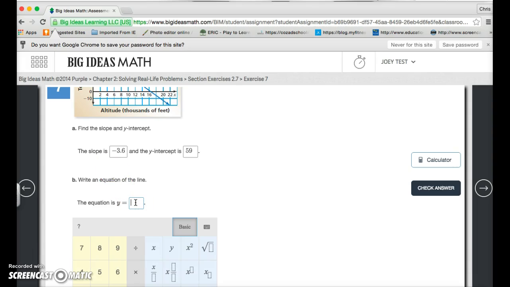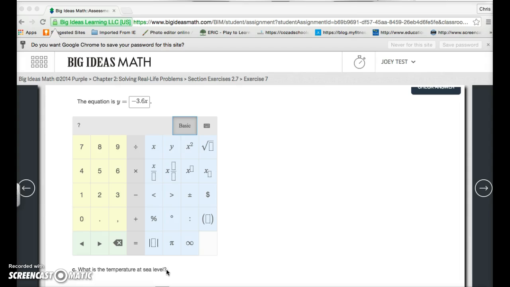If my slope is negative 3.6, I want to put y equals negative 3.6x, and then what? What do you think, Allie? Plus 59, that's it. So y equals negative 3.6x plus 59.